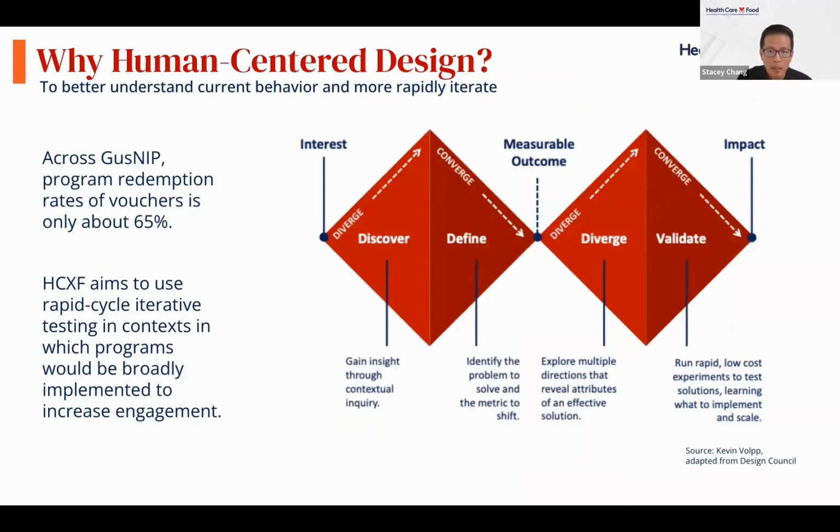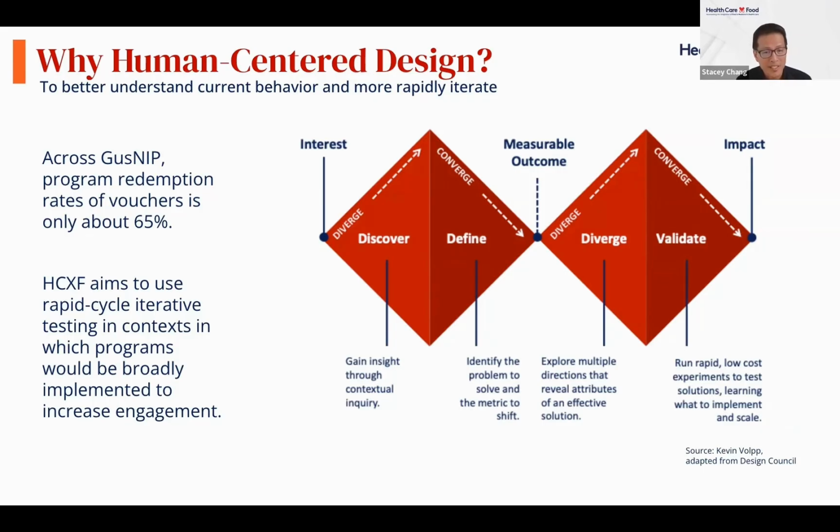Broadly, at the highest programmatic level, we are using human-centered design to better understand current behavior of individuals who are contending with new changes in food consumption. If you're not familiar with GusNIP, it's a federal program that provides funding for projects that increase the purchase and consumption of fruits and vegetables by low-income consumers.